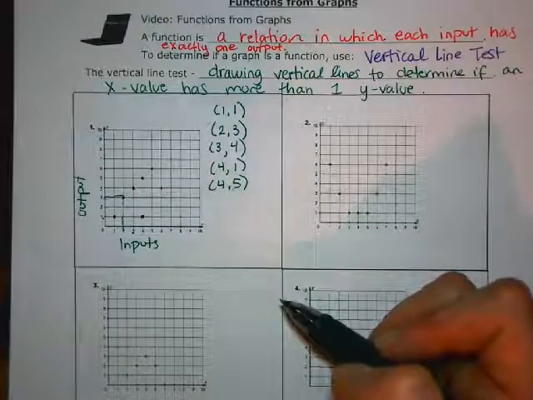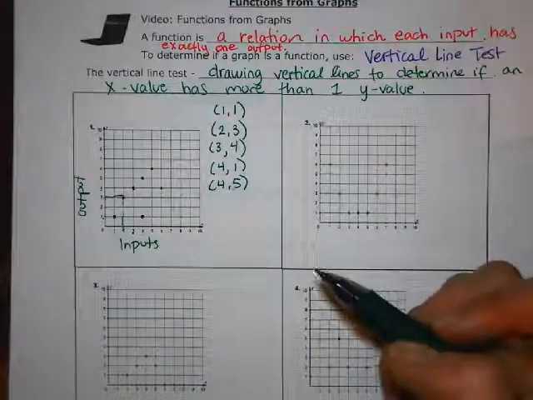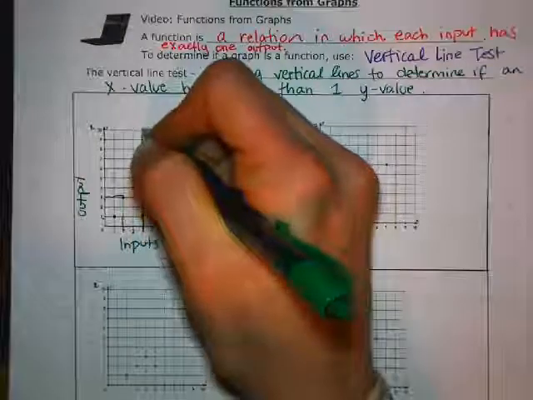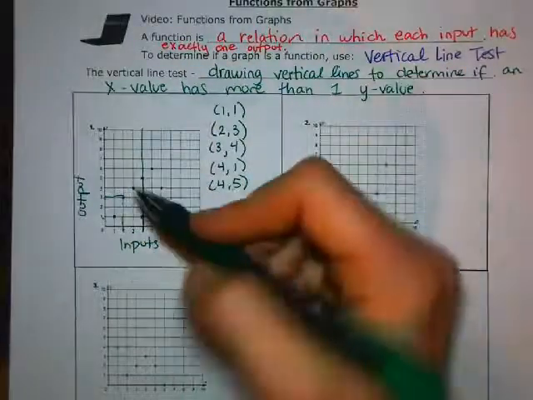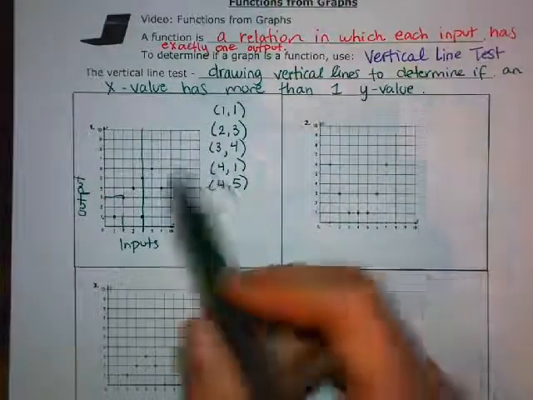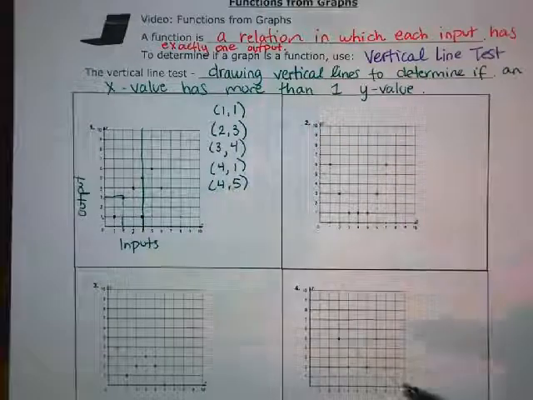And now let me show you the vertical line test, which makes it a lot easier. You draw a vertical line. So let's say we drew a vertical line up when x equals 4. We only want to come across one point, and here we come across 2 points.